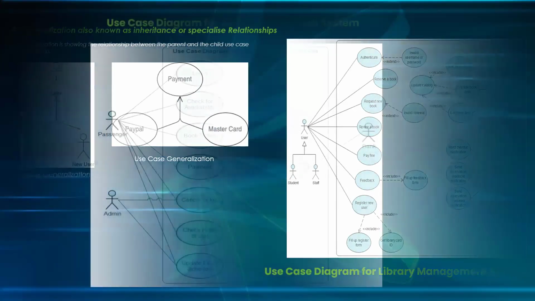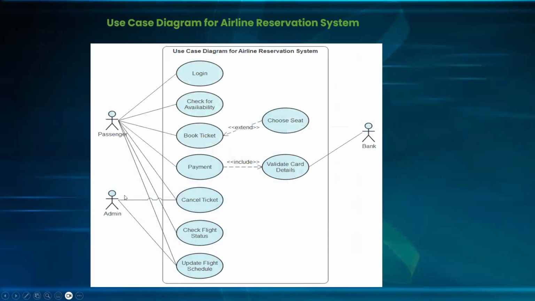Again, we've talked about the association relationship, which is the solid line. So this is what I'll tell you. When you are doing this, you first of all understand who your actors are. You know the system that you are building, which is in the rectangle box.